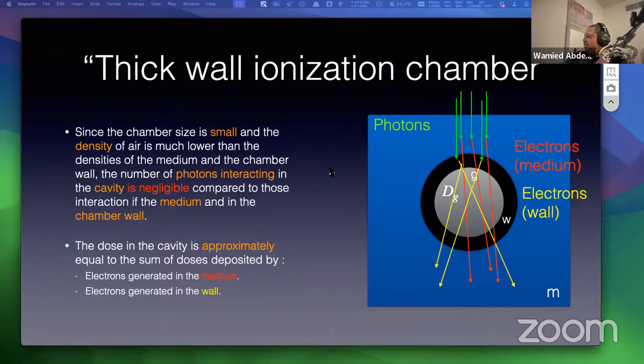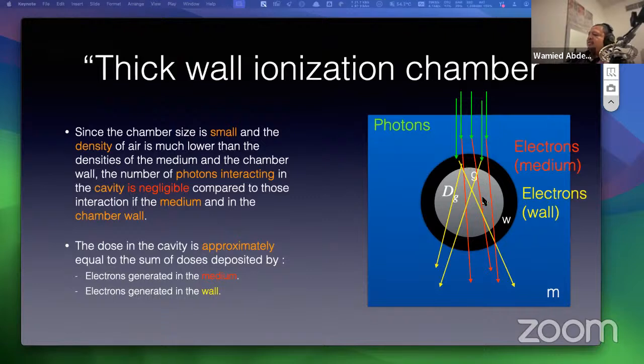We can make some assumptions. The first assumption is that this is air, and the density of air is 1/1000 the density of water and the wall material. So the first assumption we're going to make is that the dose deposited by photons interacting with the cavity is negligible compared to the photons interacting in the surrounding medium or in the wall.